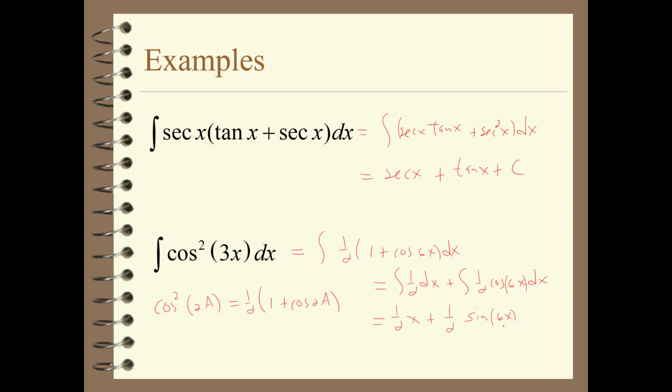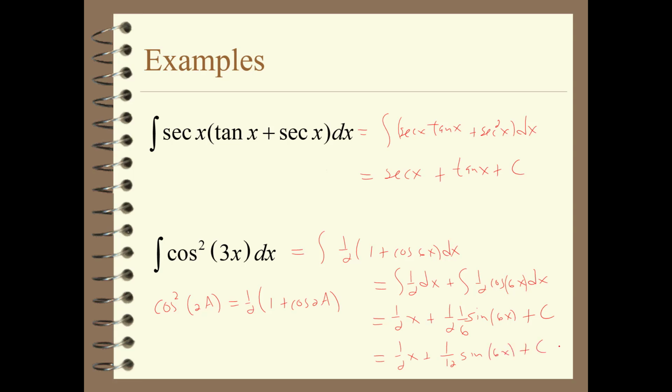By the chain rule, I would eventually need to take the derivative of 6x. I would have a multiplication of 6. But there's no multiplication of 6 in here. So I must have canceled with something. So out front, I'll divide by the constant that's missing. And I add c, my constant of integration. This is the answer. That's 1/2 x plus 1/12 the sine of 6x plus c.